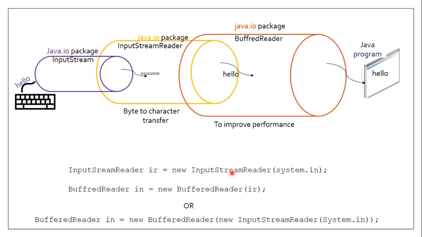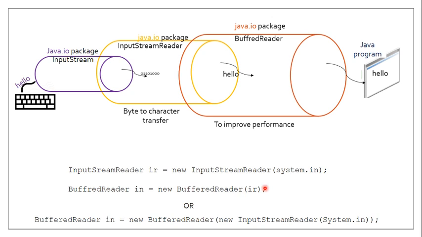After taking this data, it converts the byte data, the 0s and 1s, into characters, and that will be held by the IR object. Now, from the performance point of view, I have to give this IR object to the BufferedReader. So BufferedReader has its own object, and it calls its constructor.